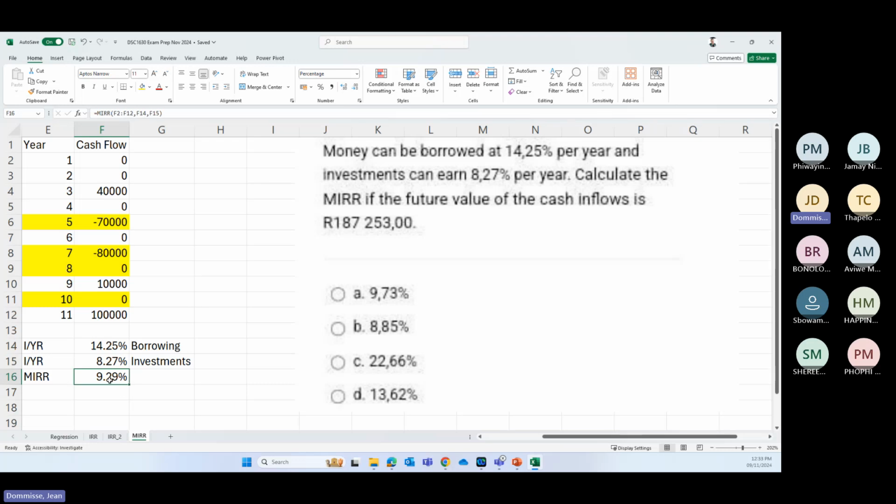Okay, so still we don't get an answer. Let's just make 100% sure again. If we click on that, borrowing, the investment component, and then when we get to the final answer, we don't get this.